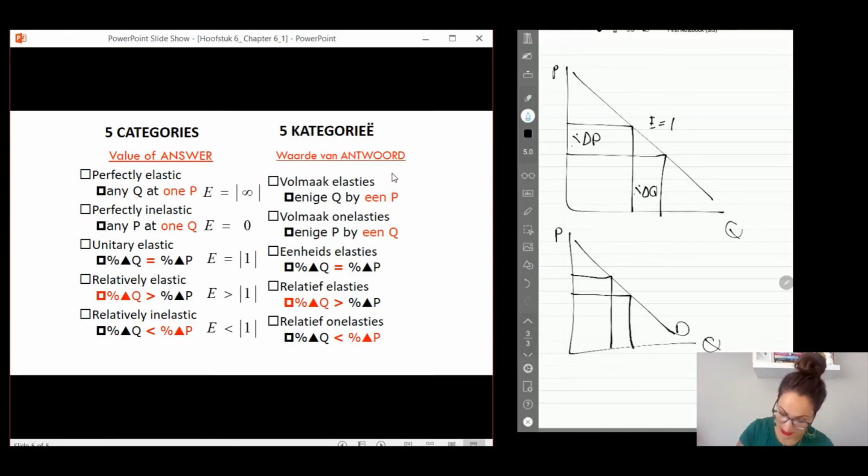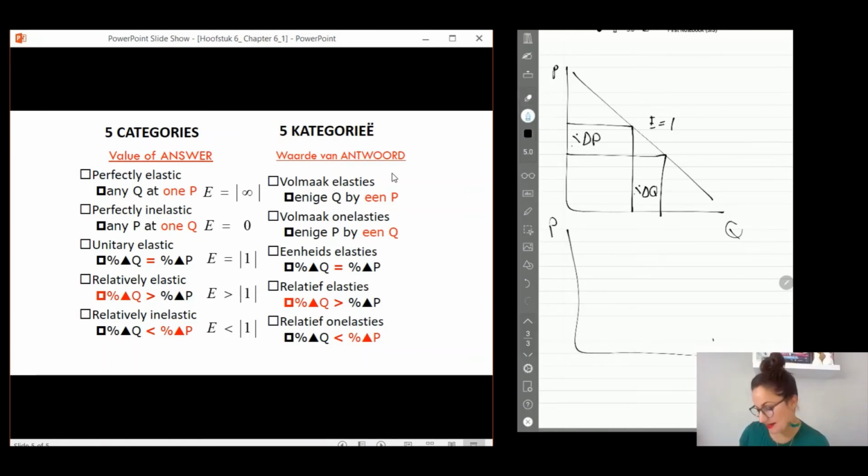okay, let's draw it a little bit flatter so you can see the effect more. I think it will be better. So you can see the difference between price and quantity a bit more clearly. Right, so it's almost perfectly elastic, so you need to draw it a little bit more flat. There we go. You will see the change better.